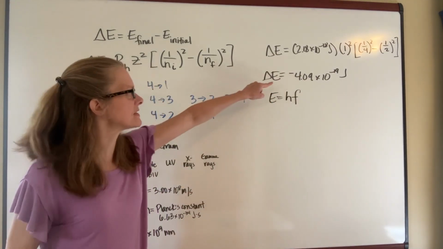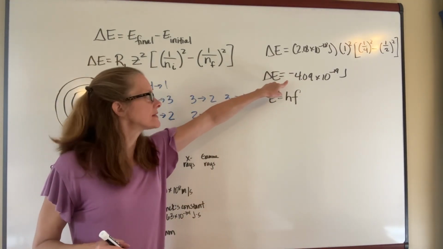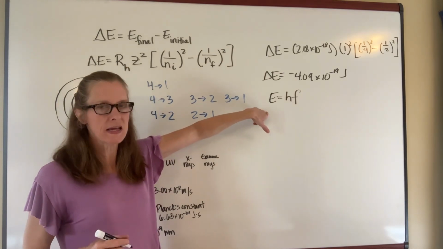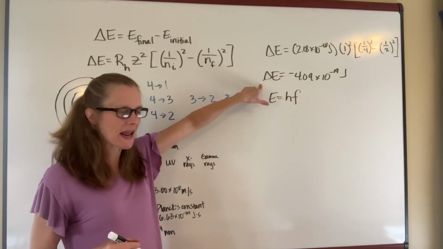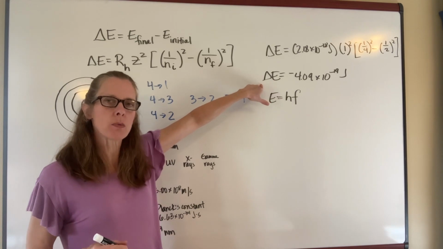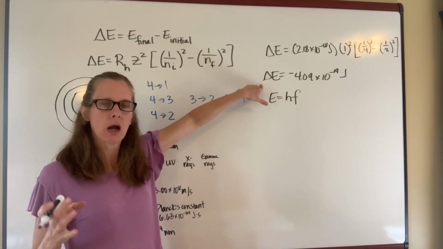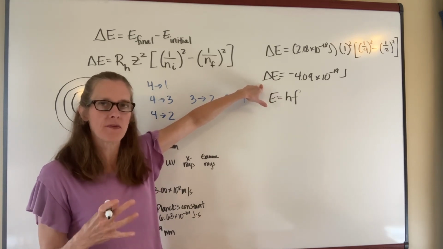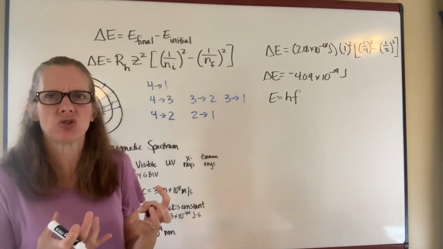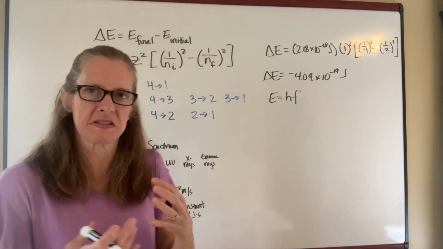Now, just because this is negative here, it's not going to be negative when I put it down here because this is the change in energy, but what I want to know is what the energy is of the light that's being given off. It possesses a certain amount of energy. It's not a negative energy that the light possesses.